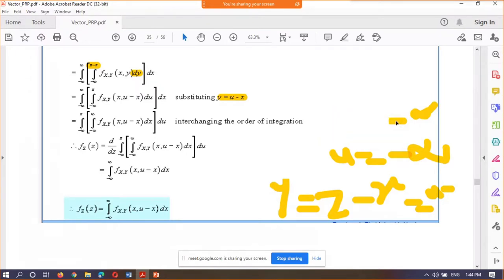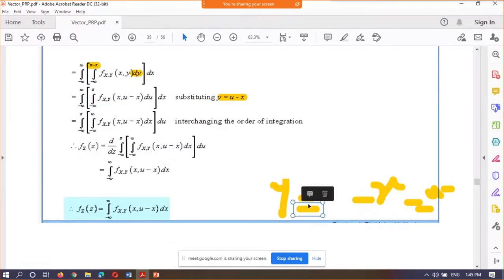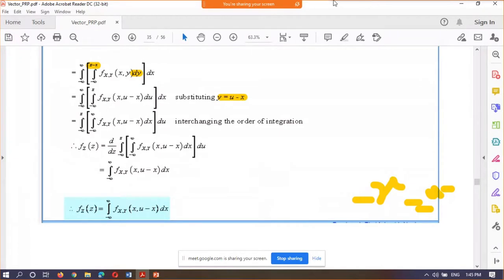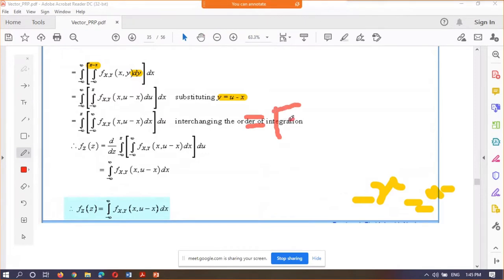Here, this one is F_Z(z). If you differentiate this F_Z(z) with respect to z, you will get the density function of the variable z.